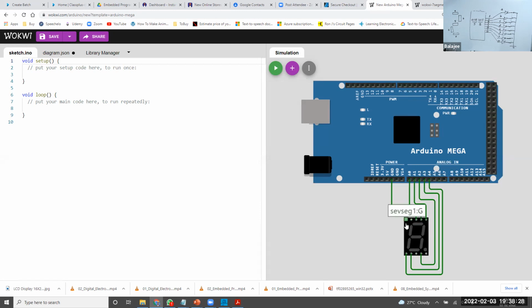Let me connect the F correctly. Let me connect the G. I'll share this diagram to you. You will be able to do that. And dot. So all the 8 pins, I connected. So whatever I have drawn on the board here, I made the actual connection. This is the way we connect the circuit diagrams.